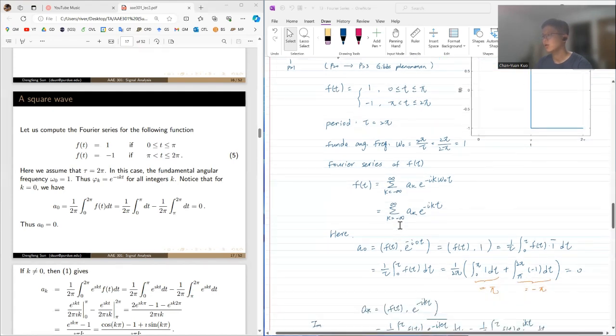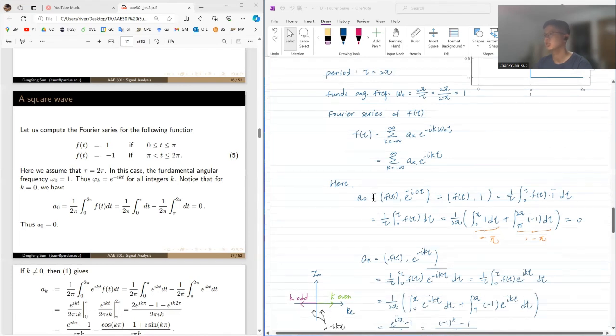And now we will determine the Fourier coefficients. So we will start with a naught. So a naught is equal to the inner product of f of t and e to the negative i0t.